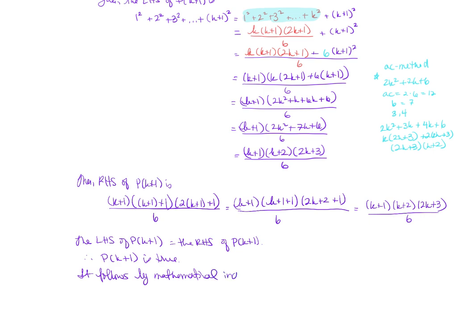And you could just say induction here. I think I kind of vacillate between the two. So it follows by mathematical induction that P of n is true for all n in the set of positive integers, and this one is also finished.